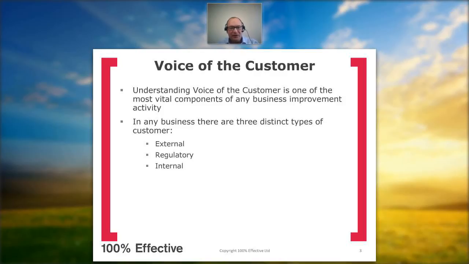And then the last group of customers we have, which are the ones we're going to talk about primarily today, are internal customers. Internal customers are people that we provide a product, a service, some information to, etc. When we give them those things, they're our internal customers. So normally we talk about external customers quite a lot, but today we want to focus a little bit more on the internal customers.